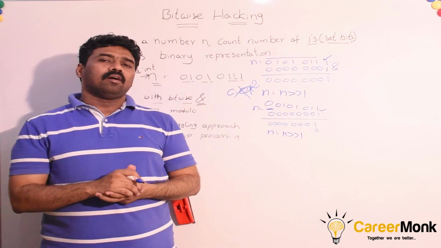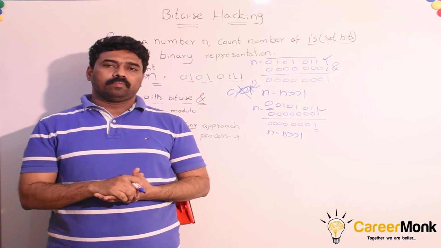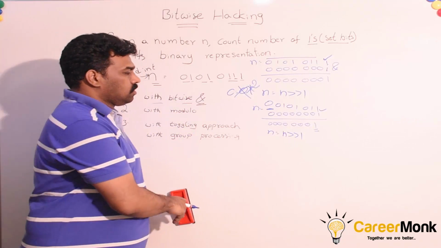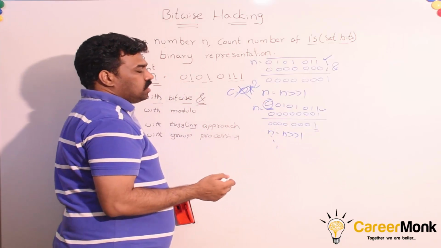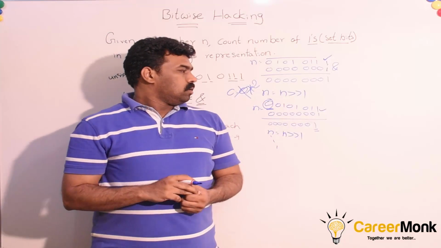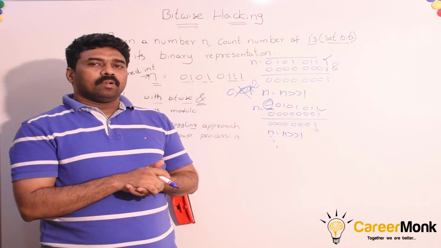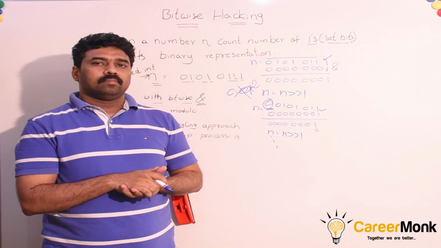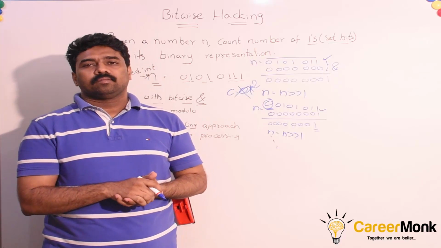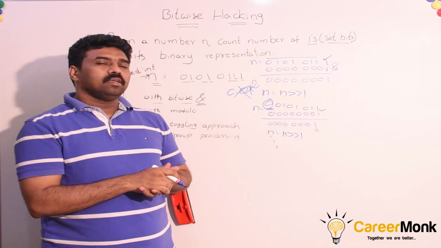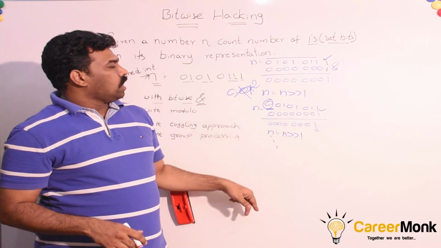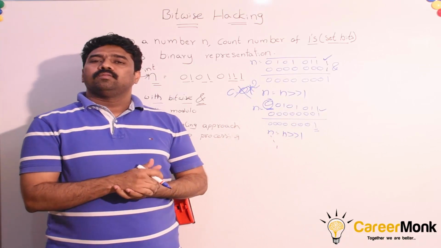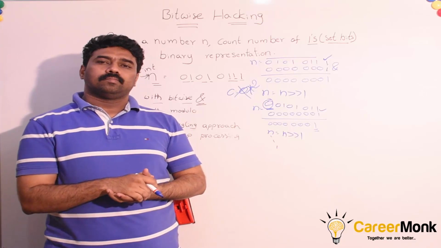That way we keep crossing all the bits of the given number. When do we stop? Since we are adding 0 to the most significant bit in every iteration, after crossing all the bits, the n value will be 0. So we can stop as soon as n becomes 0, and at the end we return the count value, that is C.